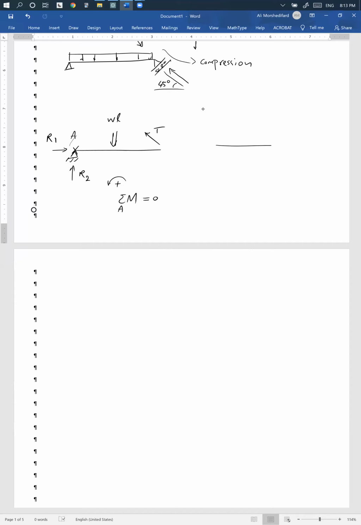If I decompose the force, so I have 1 WL, I have T over square root of 2, T over square root of 2. These two are T cosine 45 and T sine 45, right? Any questions so far?